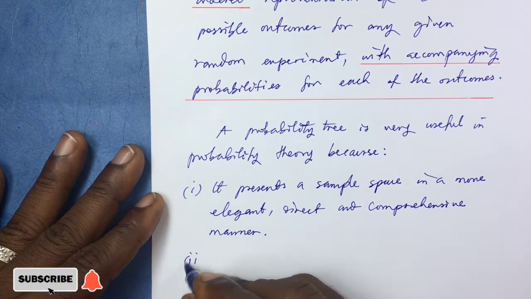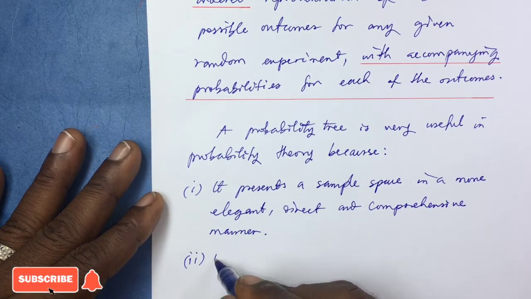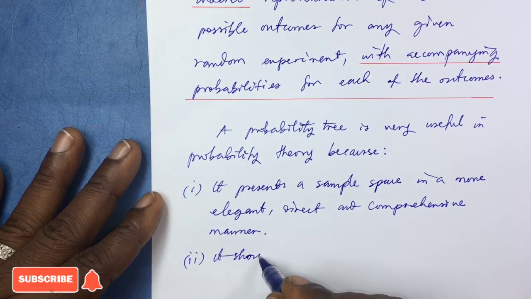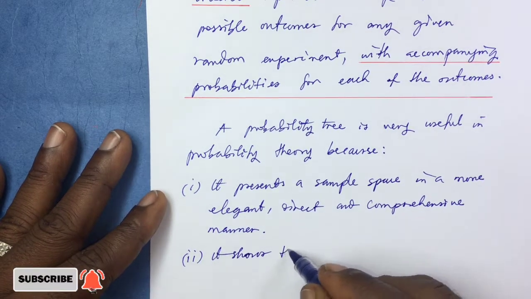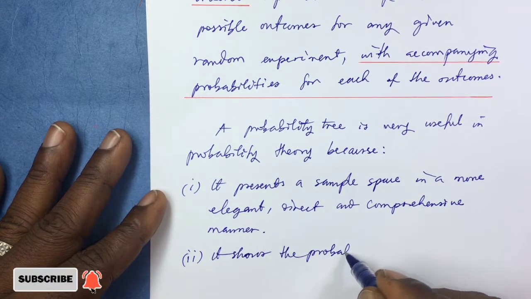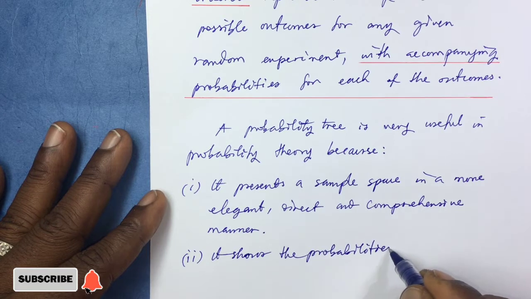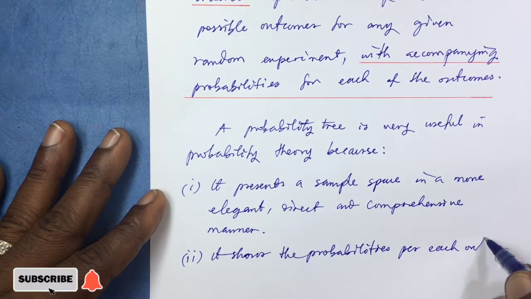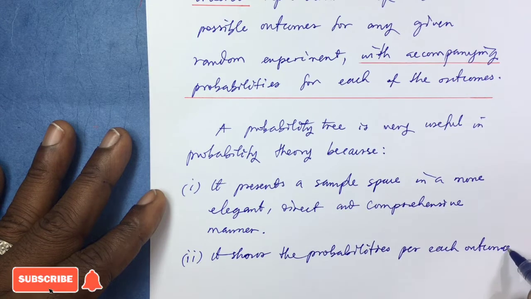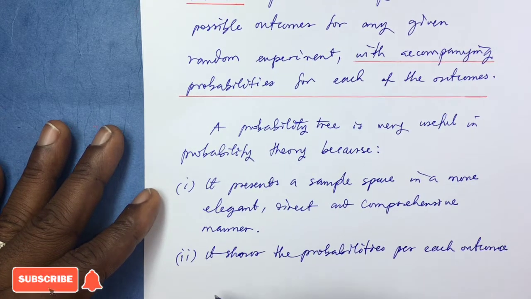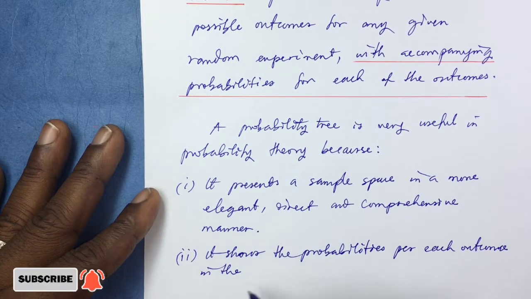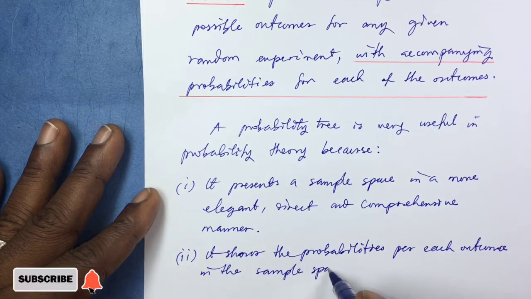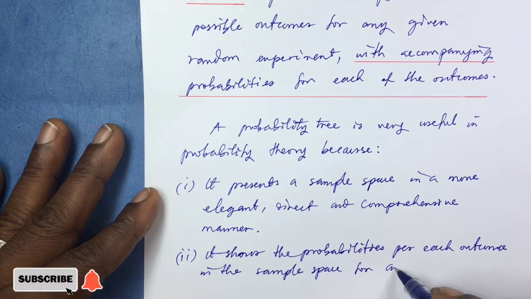Another thing the probability tree does is that it shows the probabilities per each outcome in the sample space for any given random experiment.